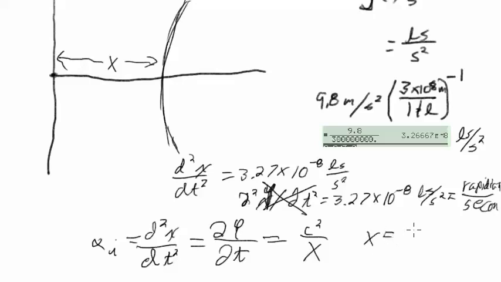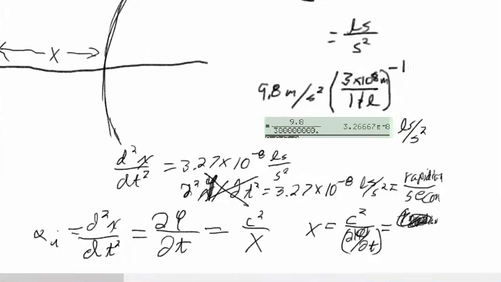X equals c squared over del phi over del t, which is going to be c is 1 rapidian. No, no, no, no, no. C is going to be infinite rapidians. Wait a second. Well, let's just brute force the math for now and figure out the units later.